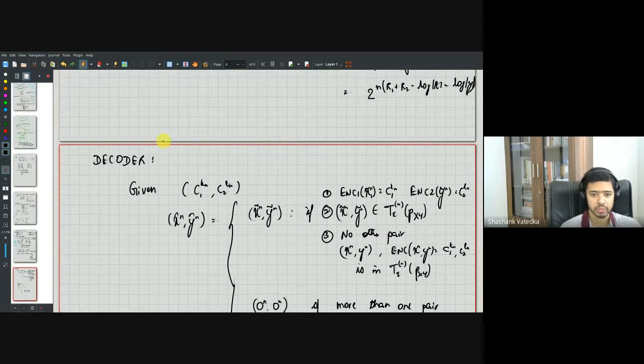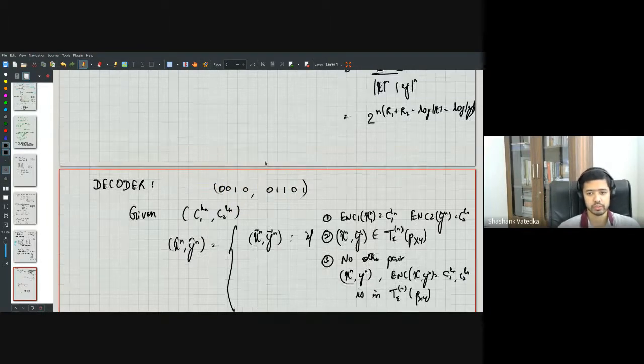Okay, so maybe the code word pair was 0010, comma 01101. Given this, the decoder sees these pair of sequences and finds out which xn, yn are actually mapped to this pair of code words.